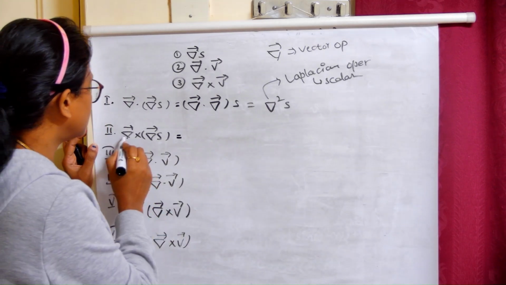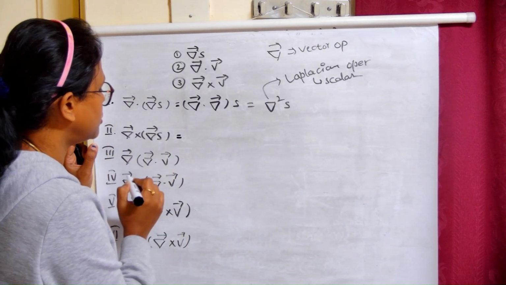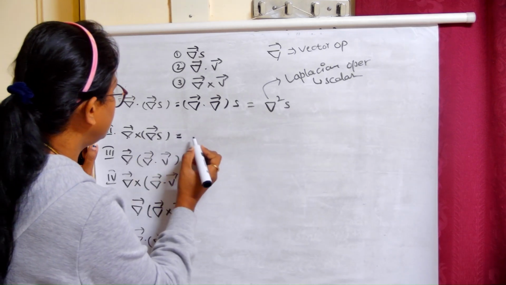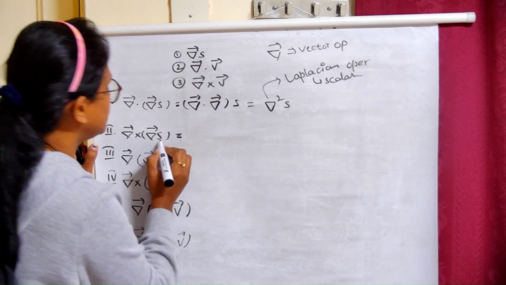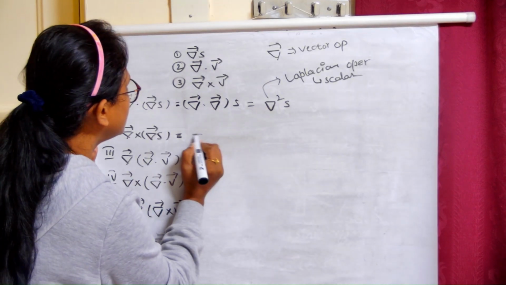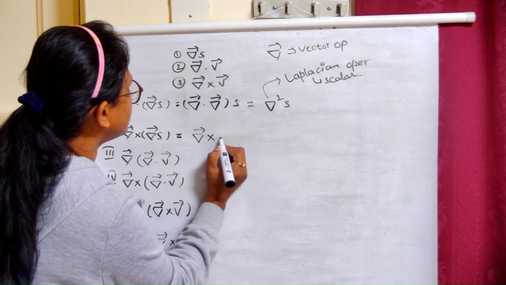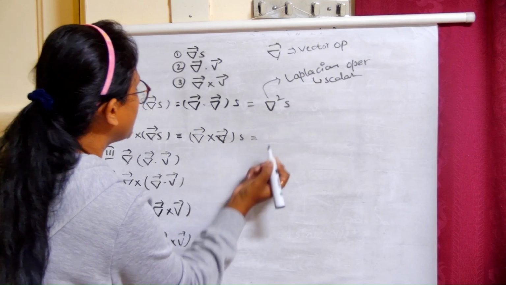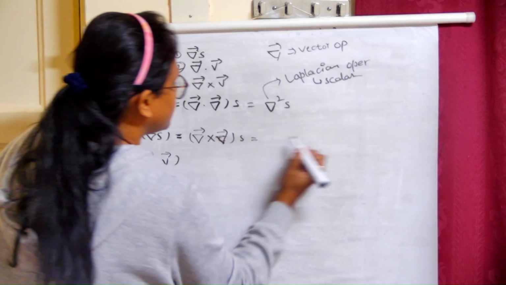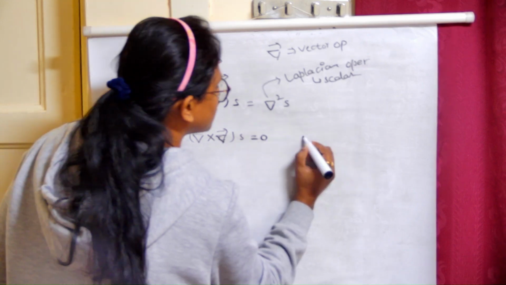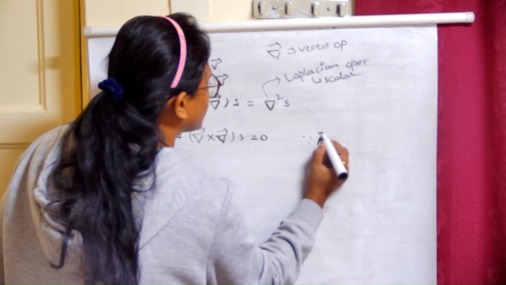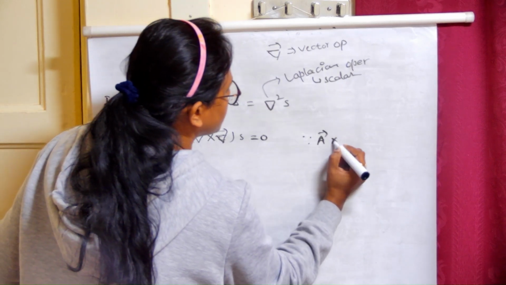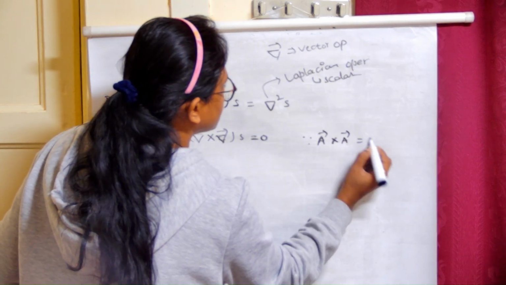Now let us see the curl of gradient of a scalar. As this is the scalar, we can take it off and we can write the curl term, that is cross product, inside the bracket. We know that this is 0 because a vector cross multiplied by itself is 0.